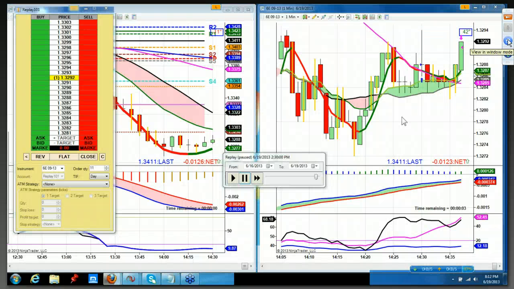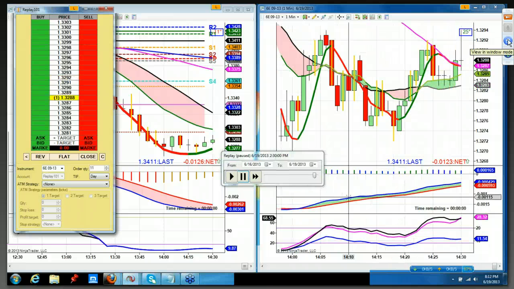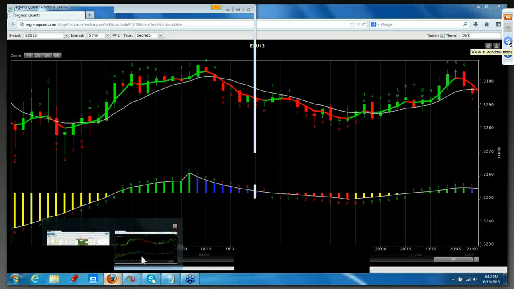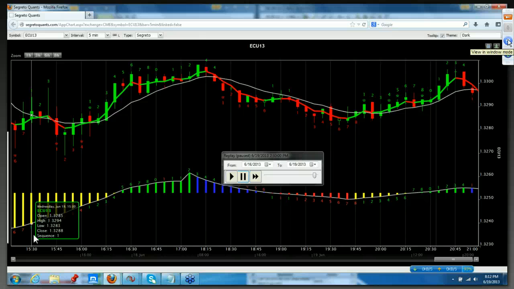Do I have matching HMAs? This screen still hasn't shifted yet. Do I have matchy-matchy on the MACDs? There it goes. Do I have matchy-matchy on the stochastics? And I'm looking at my criteria on the sheet of paper next to my computer. And then I go back and I look at the Segredo quant.